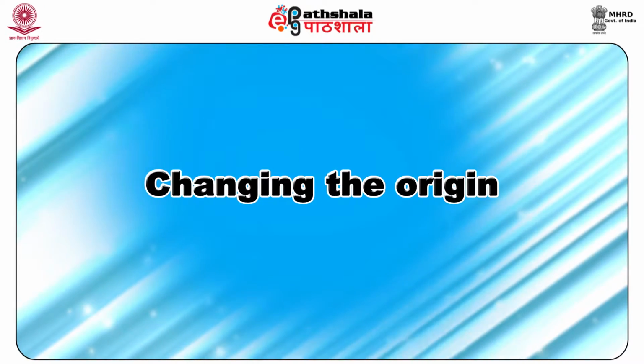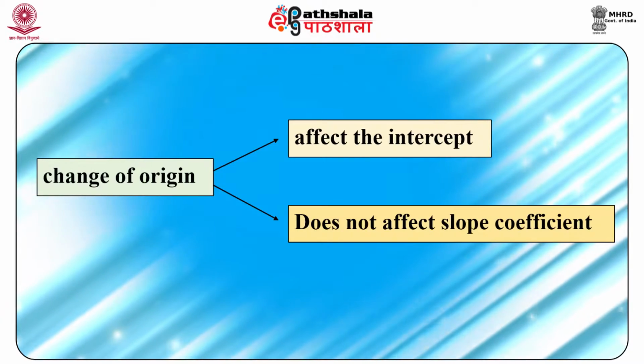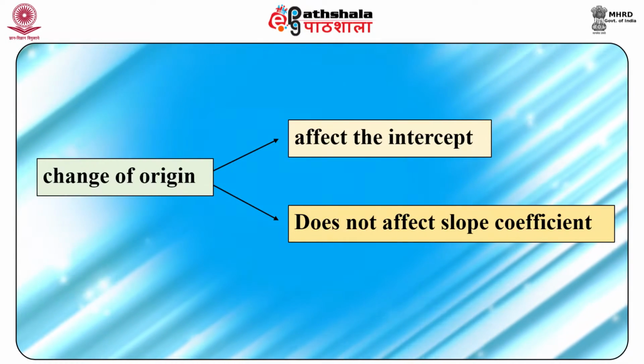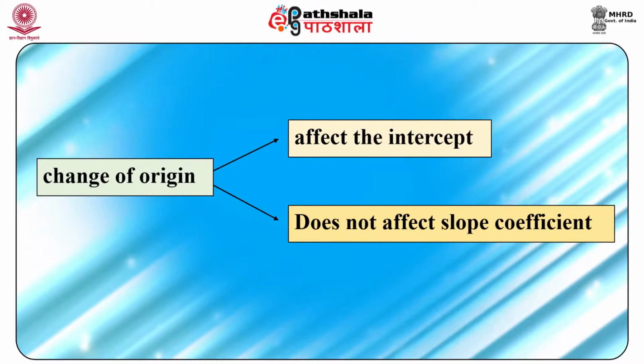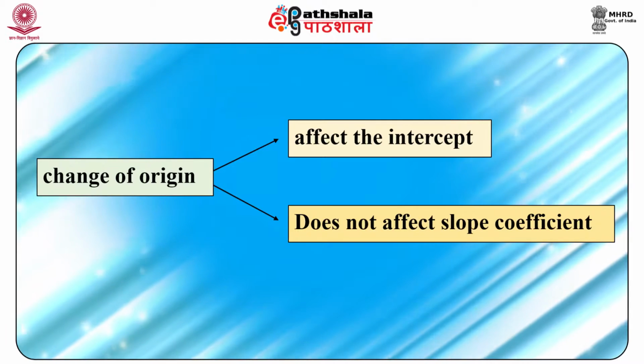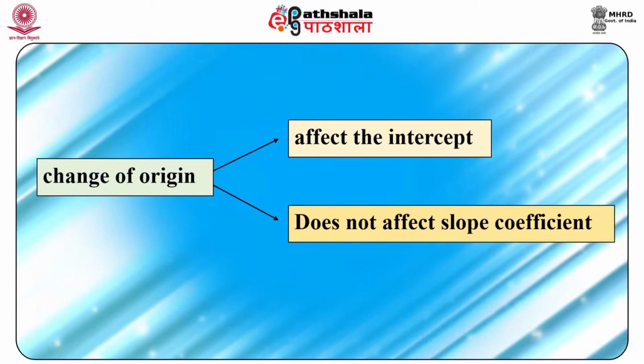Let us now look at the impact of changing the origin. After understanding the impact of change in scale, if you look at the change of origin, it may affect the intercept of the regression. Let us see how it does so. However, you will find that the slope coefficient is unaffected.